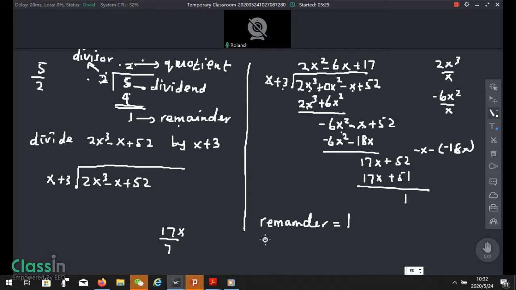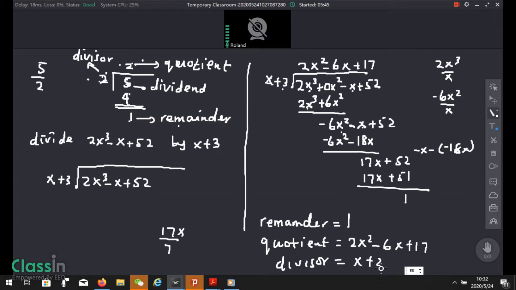The quotient is 2x squared minus 6x plus 17, and the divisor, of course, is x plus 3. So this is how to find the quotient and the remainder in this expression.